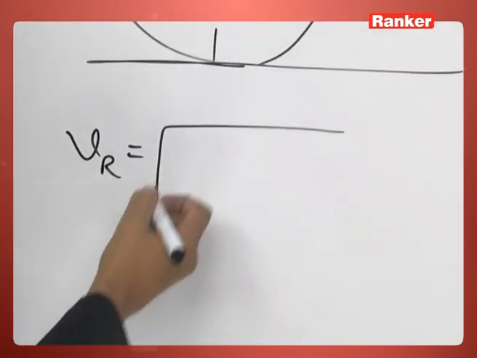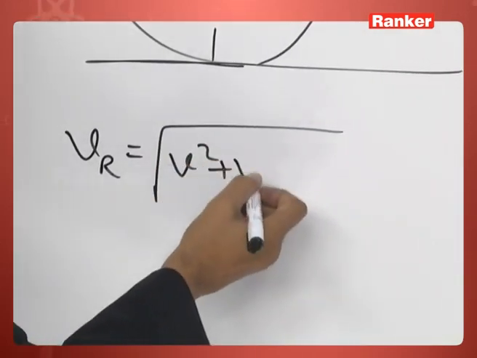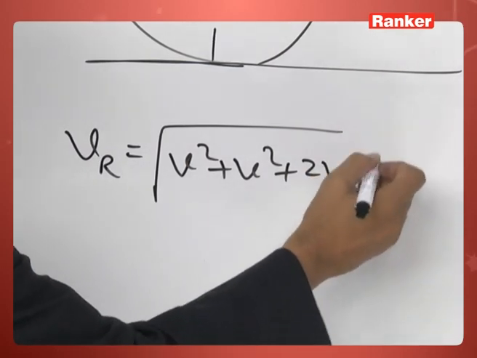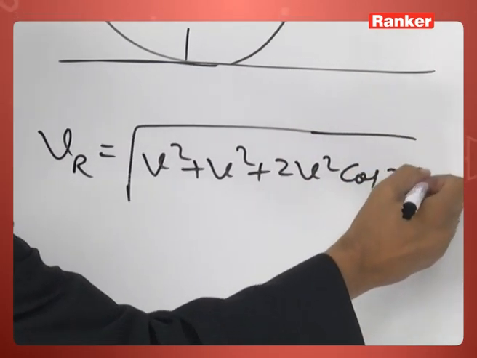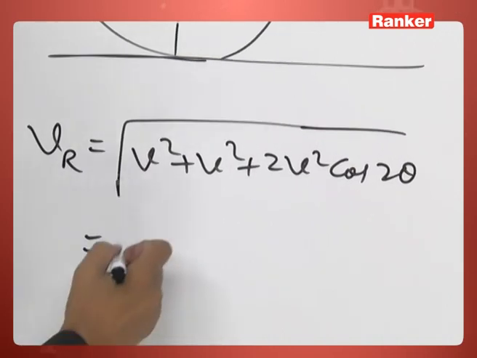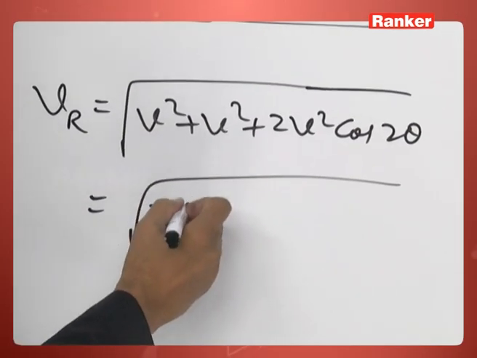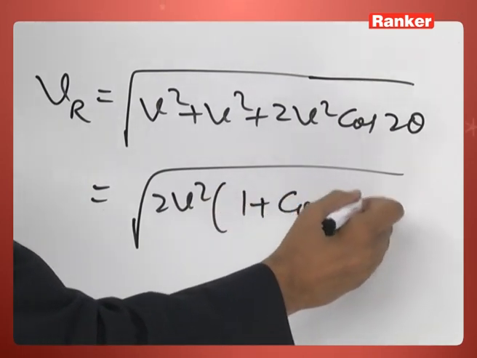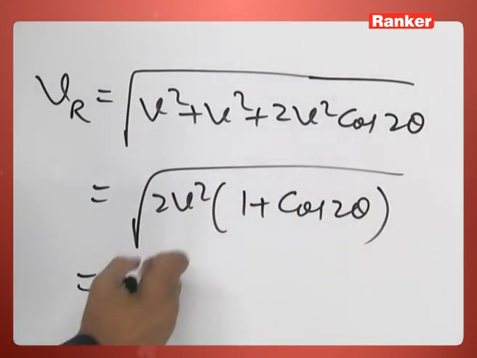So resultant velocity v is equal to root of v square plus v square plus 2 v square cos 2 theta. So 2v square we can take common, 1 plus cos 2 theta.